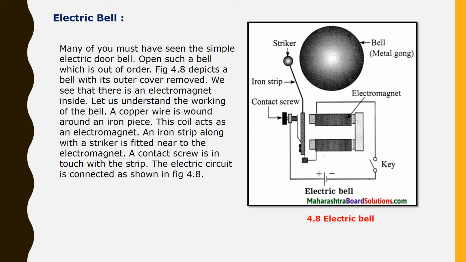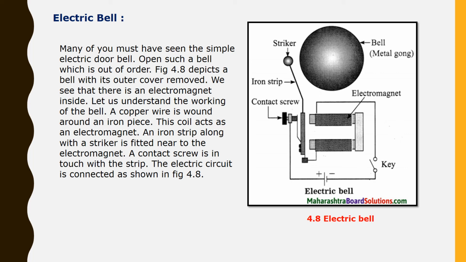Now let us understand the working of this electric bell. A copper wire is wound around an iron piece. There is one piece of iron, and on this piece there is a winding of copper wire. This coil acts as an electromagnet.